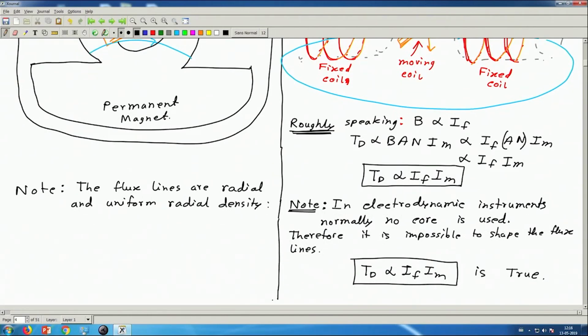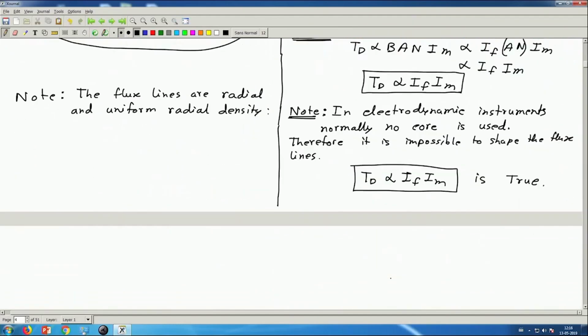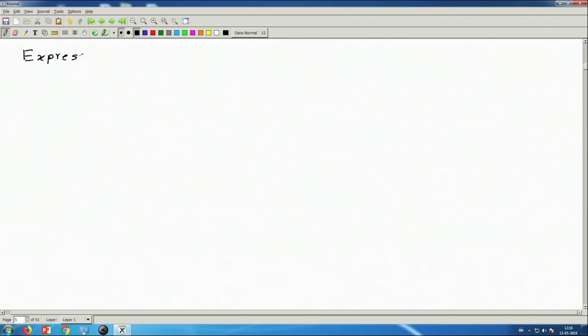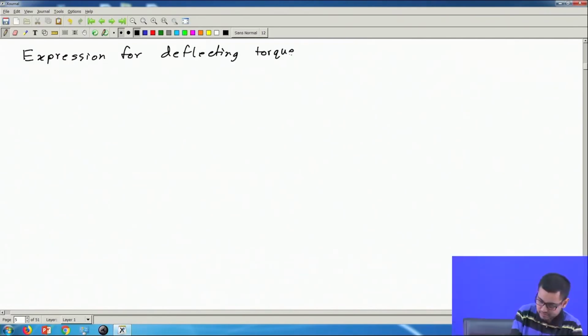Okay. Now, we will give you a more precise expression for the deflecting torque in an electrodynamic instrument.